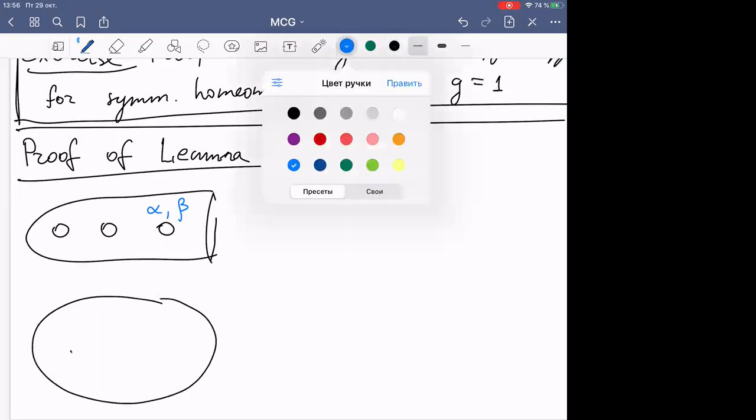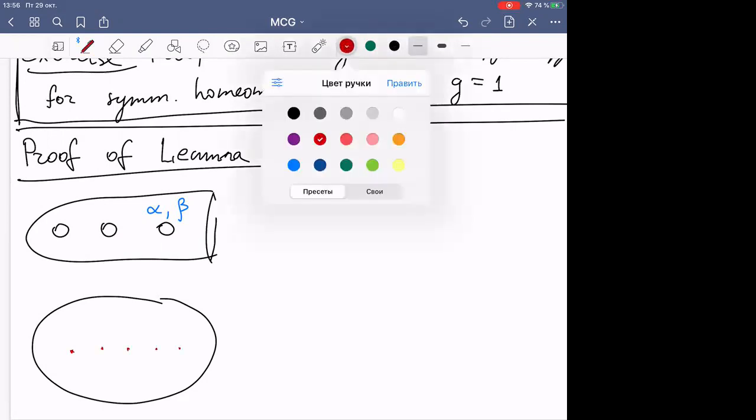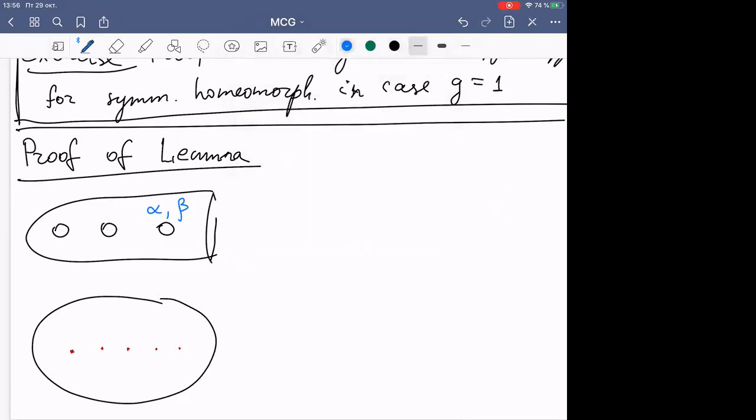either of these two curves becomes an arc connecting two marked points. And first, let us understand that alpha bar and beta bar have the same pair of endpoints.